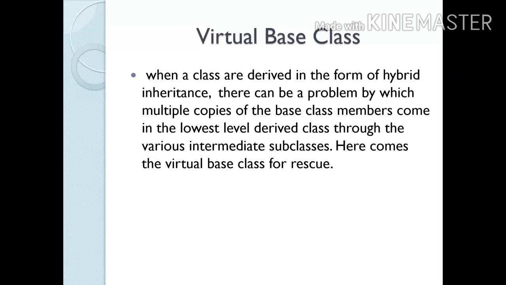Now moving on, we will see virtual base class. Now what is a virtual base class? When classes are derived in the form of hybrid inheritance, there can be a problem by which multiple copies of the base class members come into the lowest level derived class through the various intermediate subclasses.